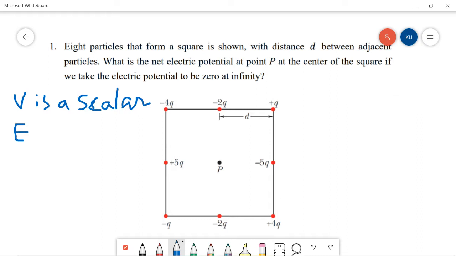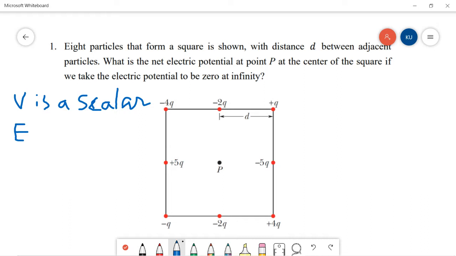It is only a number at a specific point. There is no direction for the electric potential. But for electric field, it's different. Electric field is a vector, so it has x component, y component, or z component if there are 3D problems.